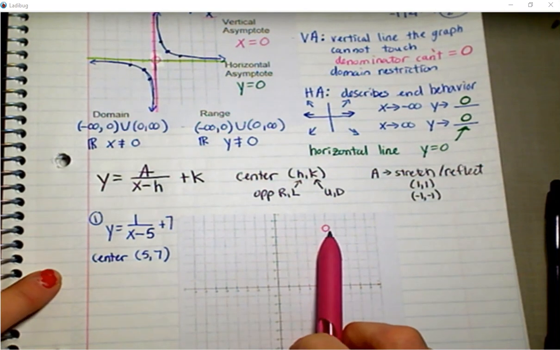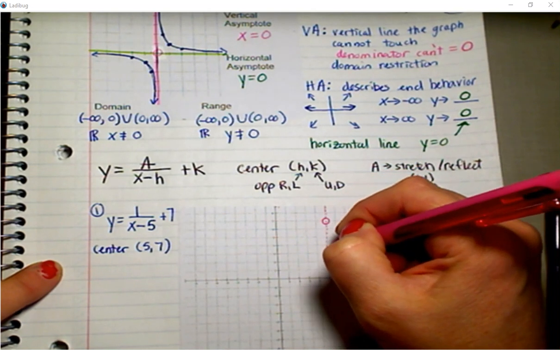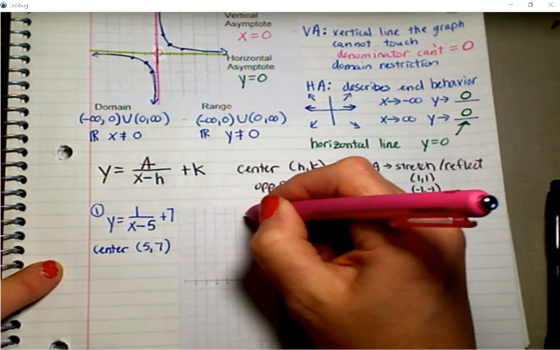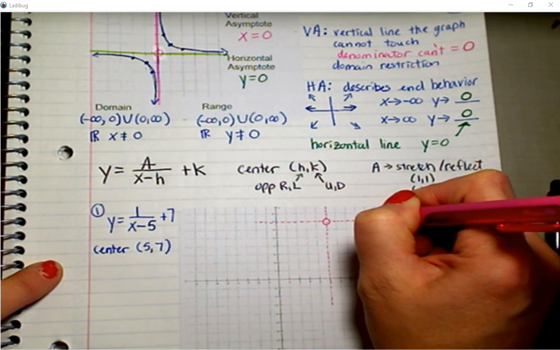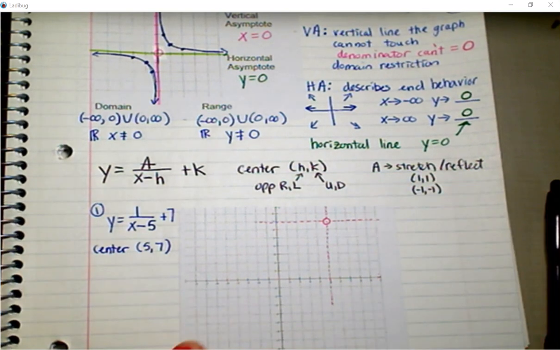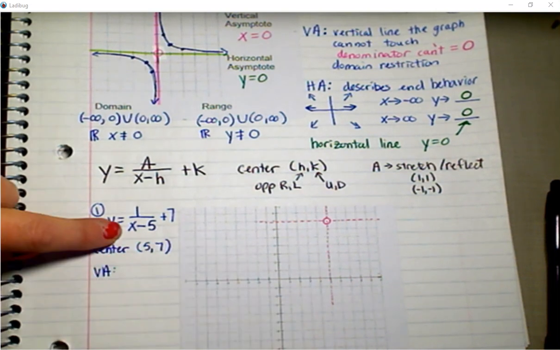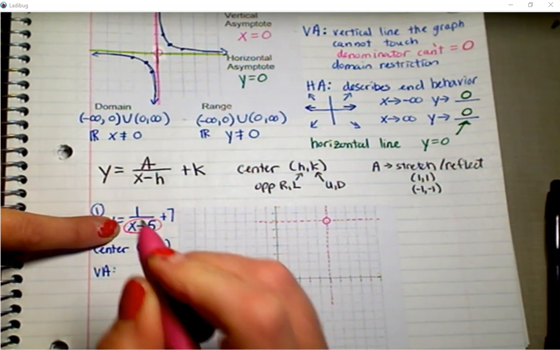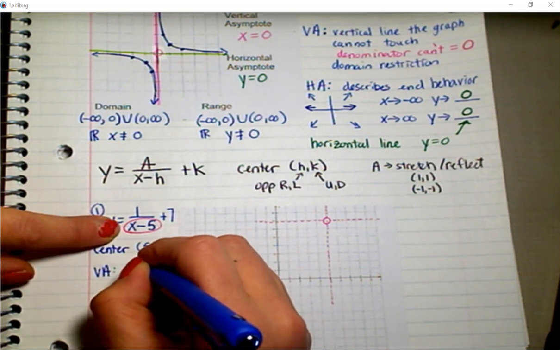So once I figure out the center, my vertical and my horizontal go through the center. The only reason I'm not dotting it all the way through is I want to leave space because I'm going to put a second example on here. Okay, so I've got the center. The vertical asymptote is what comes from the denominator restriction. So that is x equals 5.